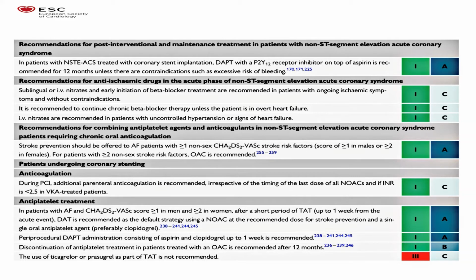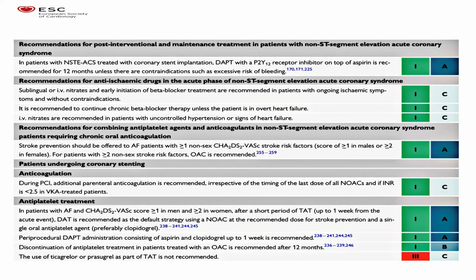Anticoagulation. During PCI, additional parenteral anticoagulation is recommended, irrespective of the timing of the last dose of all non-vitamin K antagonist oral anticoagulants, and if INR is less than 2.5 in VKA-treated patients. Class 1 Level C. Antiplatelet treatment.